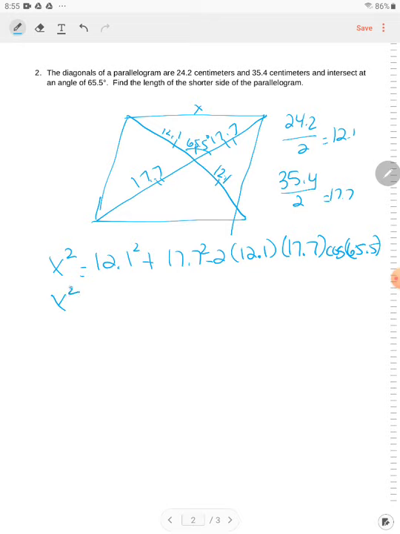So x squared is approximately, and we will get our x value. So this is a calculator punch. The graphing calculator is actually the easiest to use. But if you will take your calculator and type this in, make sure you're in degrees.